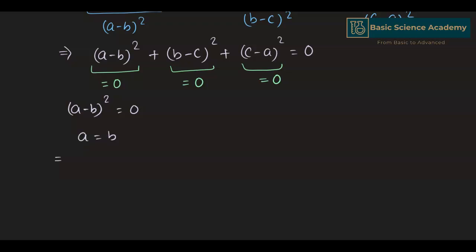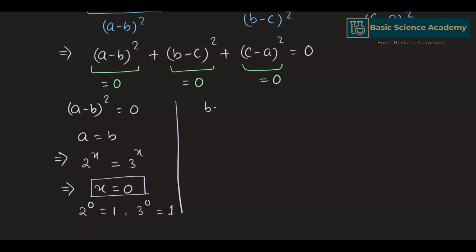Previously we have considered 2 to the power of x as a and 3 to the power of x as b. So 2 to the power of x is equal to 3 to the power of x, and this is possible only when x is equal to 0, because 2 to the power of 0 is equal to 1 and 3 to the power of 0 is equal to 1. So x is equal to 0.